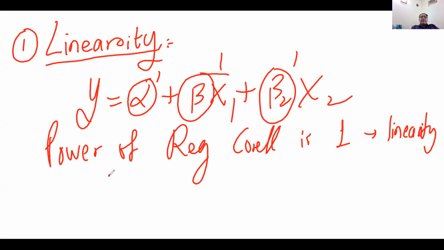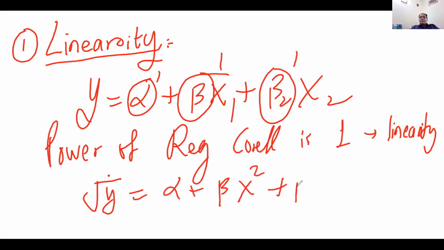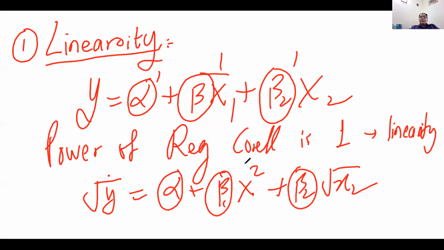You have seen many equations where we put under root of y equal to alpha plus beta into x square plus beta 2 into under root of x2, right? In this case, can we say this model is a linear model? The answer is yes, because alpha, beta and beta 2 have the power of 1.